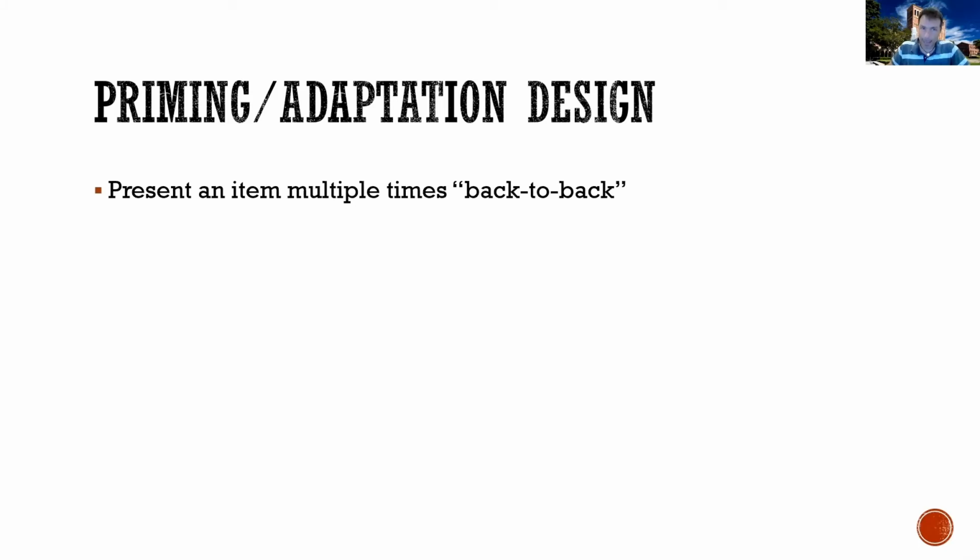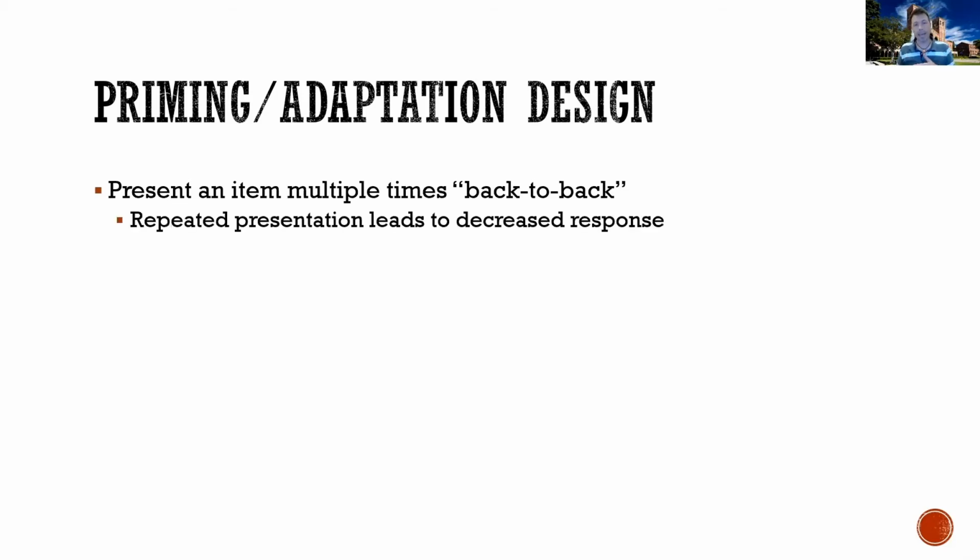Finally, the last design I want to cover is known as priming or adaptation design. And the idea in these designs is to present some kind of stimulus or some kind of feature multiple times back to back. And the idea is that if you present something multiple times back to back, the neural response to the second presentation is usually decreased compared to the first one.